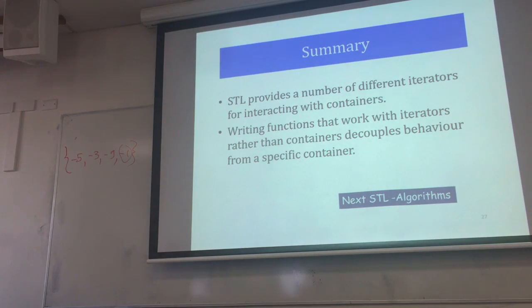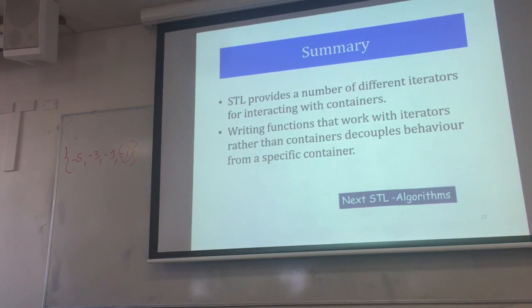So we have seen that STL provides a hierarchy of iterators, and they are input iterators, output. Which other iterators are there? Bidirectional, forward, random. These are the 5 groups.